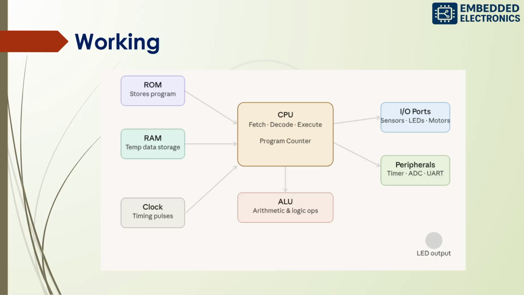The CPU reads the next instruction from the ROM. The program you wrote is stored in this ROM. So how does it read the next instruction from this memory?